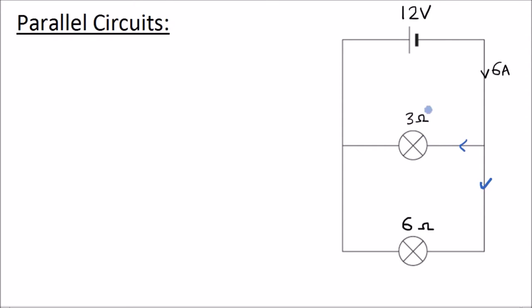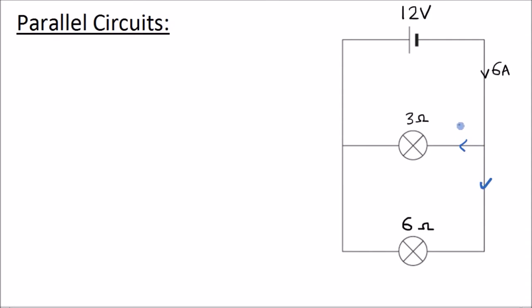There's only 3 ohms of resistance here versus 6 ohms in this branch or in this loop. So you'll get more current going through this lamp than you will going through this lamp. And the total current, 6 amps, will be split along both of these branches.